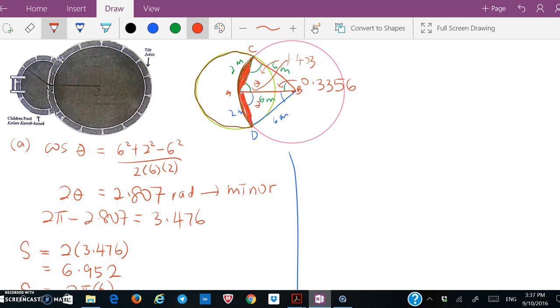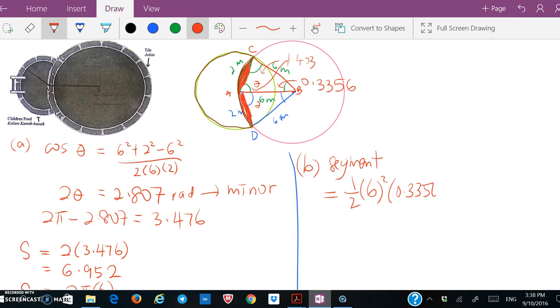So if we want to find the segment, we have to first find the segment equals half of the radius squared times 0.3356 minus half of 6 squared sin.